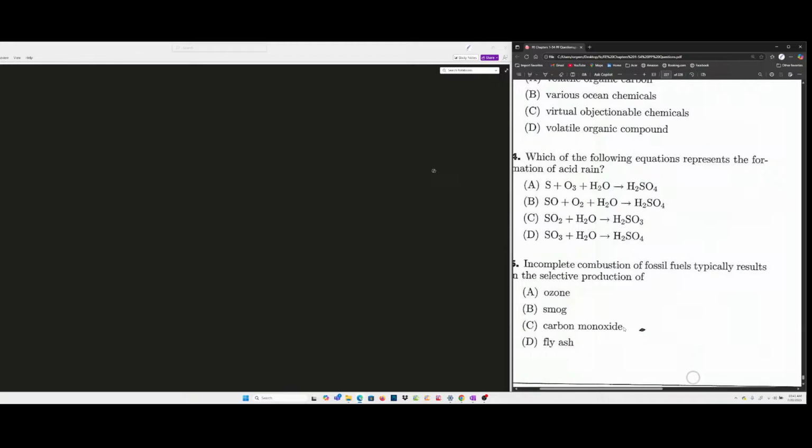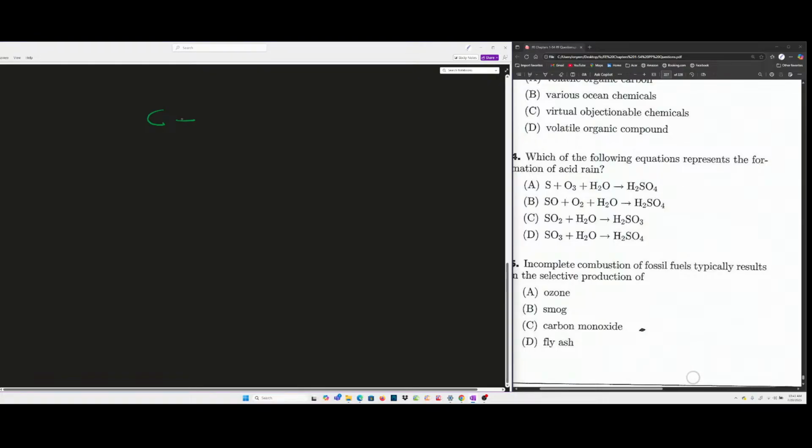Okay. Next question we have is an incomplete combustion of fossil fuel. An incomplete combustion of fossil fuel means there was not enough oxygen supplied. So normally combustion has this formula: let's say carbon plus oxygen gives us CO2.